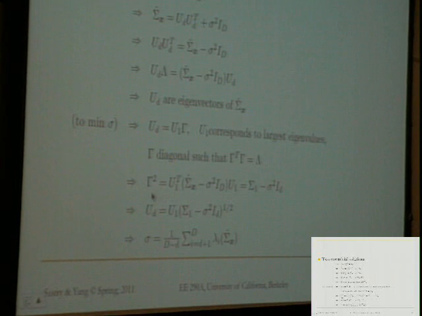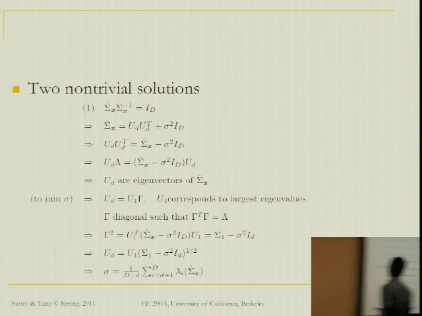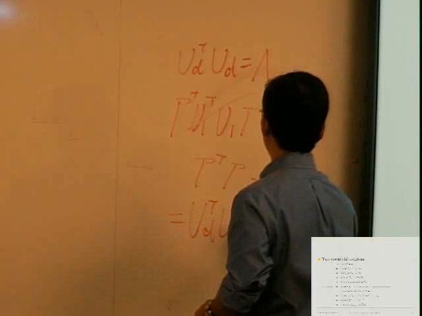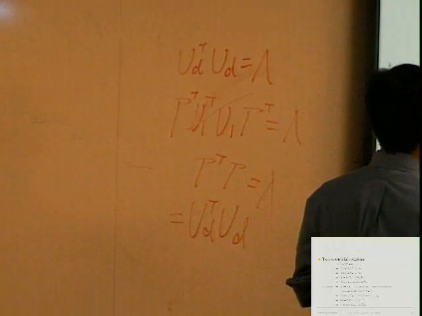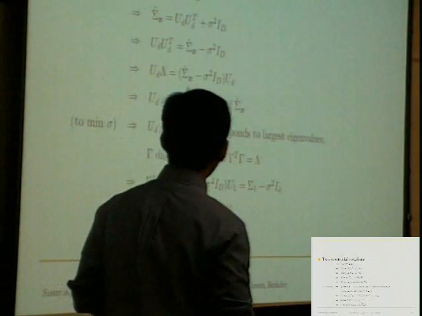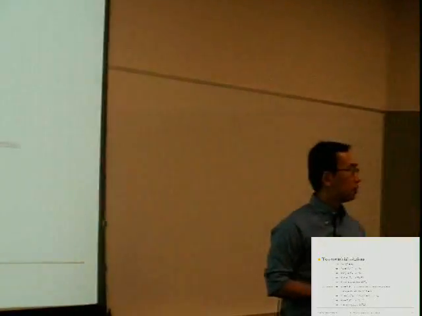So that tells me these two, then this equation equal to this guy, and this guy is equal to UD transpose UD. So you plug this one in, and then you get this equation. Okay? Is this clear?